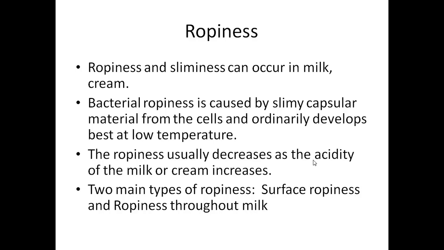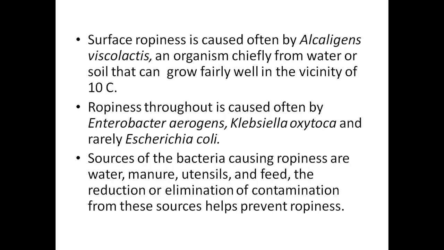So two types of the ropiness are there, that are the surface ropiness and ropiness throughout the milk. Surface ropiness is caused by the Alcaligenes viscolactis and organisms chiefly from water or soil that can grow fairly well in the vicinity of 10 degrees centigrade.